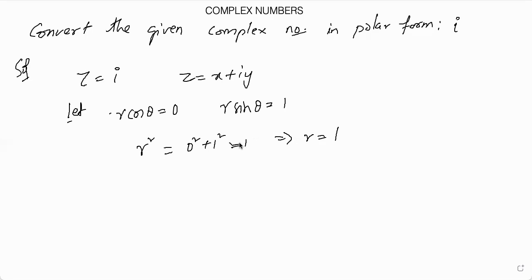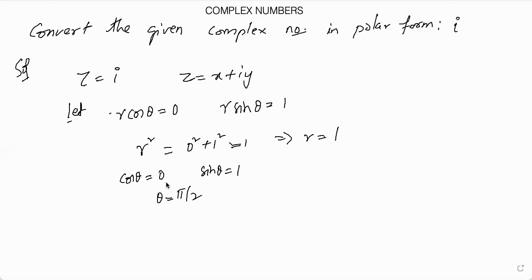So we got r as 1. Cos theta is equal to 0, and sin theta is equal to 1. Now we got theta as pi by 2, because sin pi by 2 is 1 and cos pi by 2 is 0.